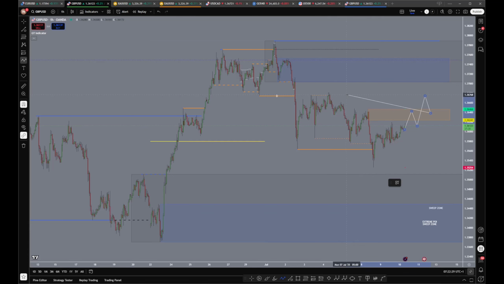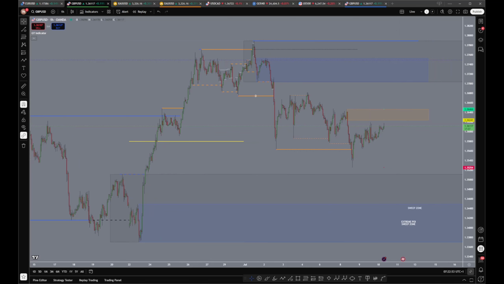So yeah, there's going to be a lot of stops above here, so it could be used as inducement to come here. So these are just things we've got to be aware of. But yeah, the trade idea I'm liking on this pair is a push into here, and then we'll be looking for shorts. So that's the trade I'm looking for at the moment.